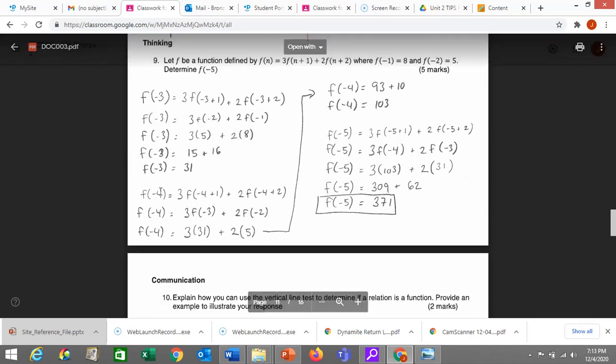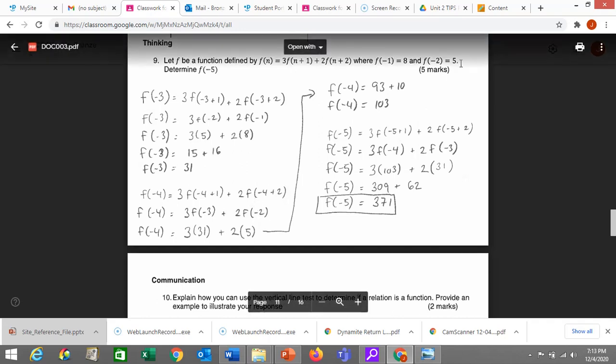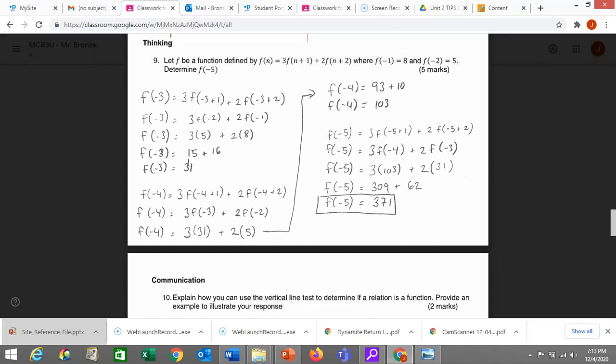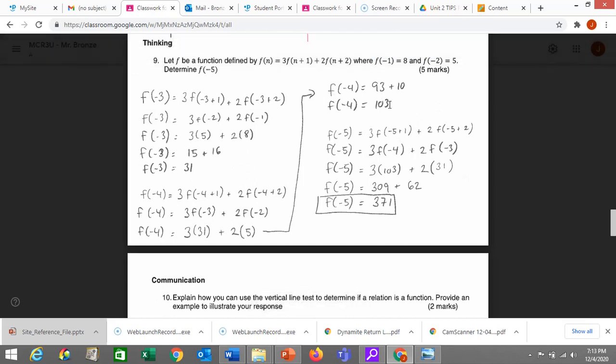For f at negative 4, you sub in negative 4, and again you'll notice the descending pattern: negative 4 plus 1 is negative 3, negative 4 plus 2 is negative 2. f at negative 2 is 5, and f at negative 3 we calculated, it's 31. So we sub those in. 3 times 31 is 93, 2 times 5 is 10, so f at negative 4 is 103.